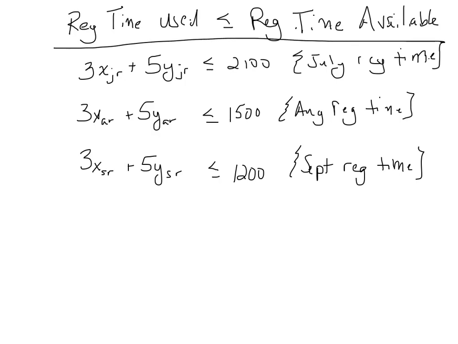So now we need to have similar ones for overtime. The overtime ones are very similar. Make sure that we don't spend more overtime than what we have. So we have a total of half of what we had for each of them.